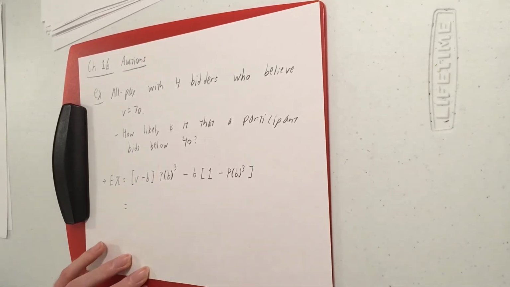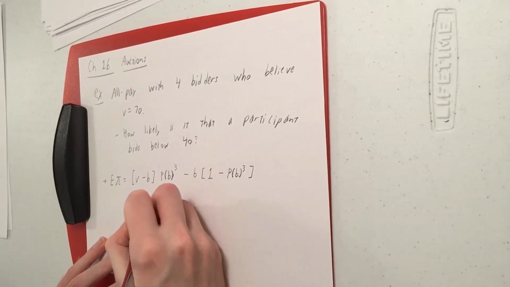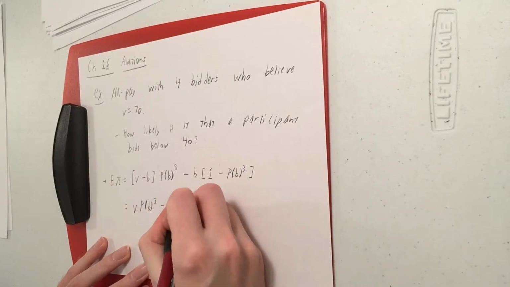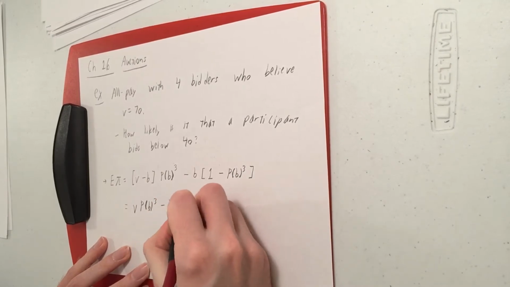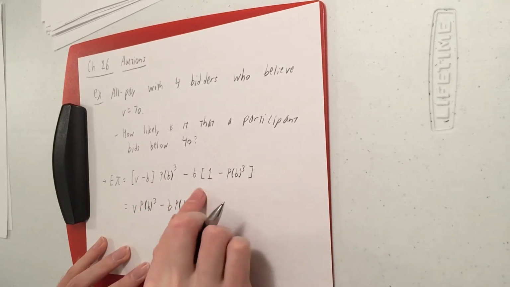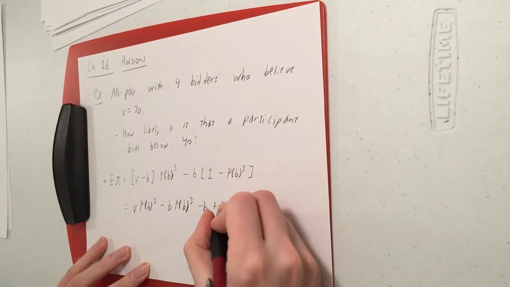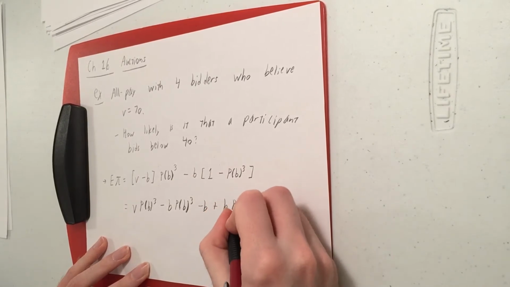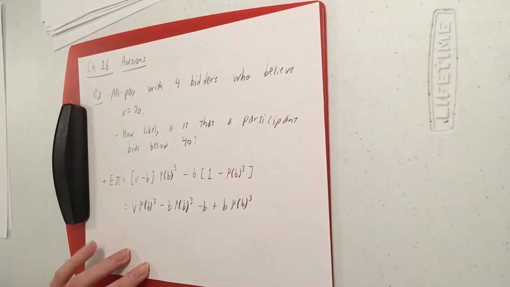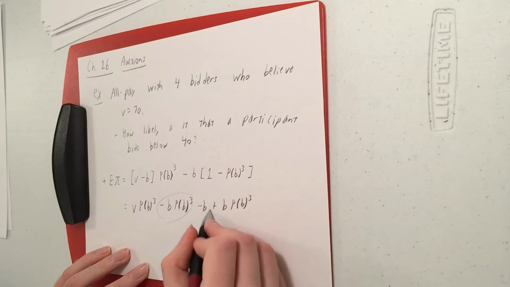And we can simplify, so we have V times P of B cubed minus B times P of B cubed. So I'm just expanding this term. I'll do the same over here. Minus B plus B times P of B cubed. These guys are going to cancel.